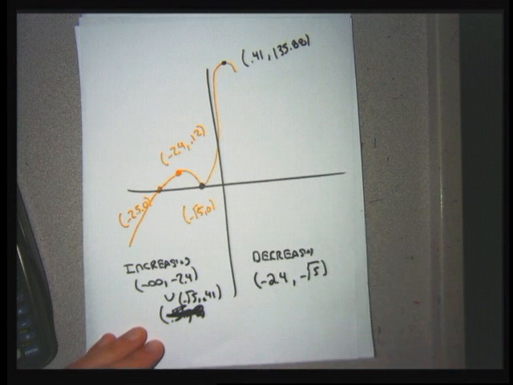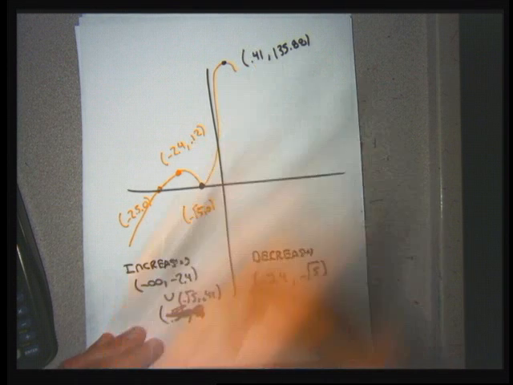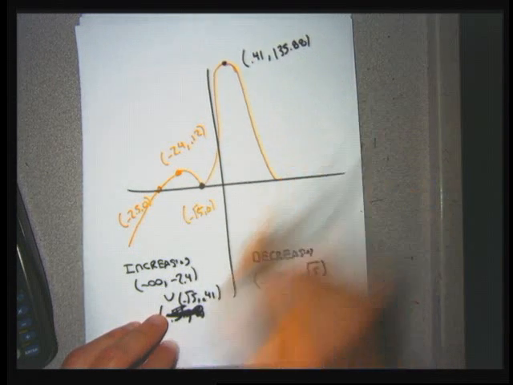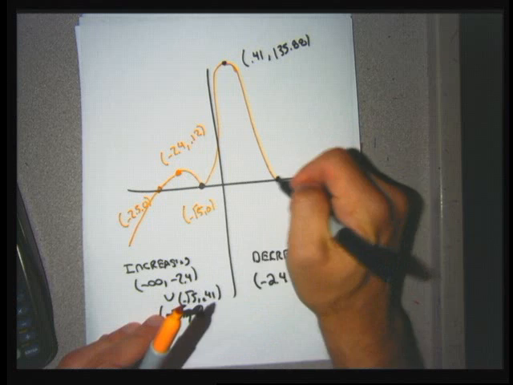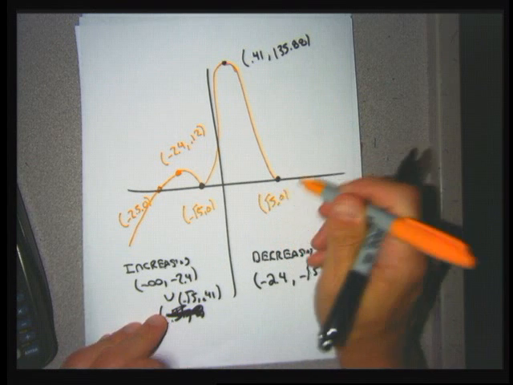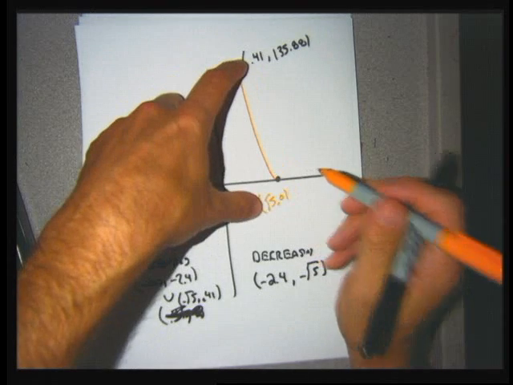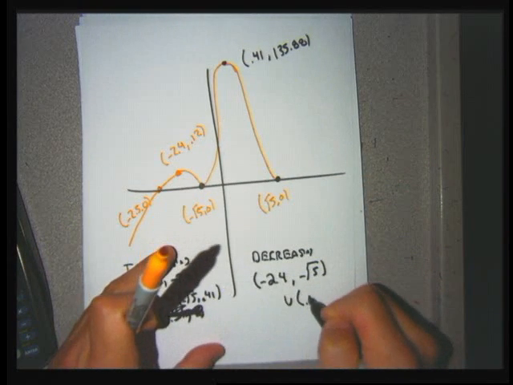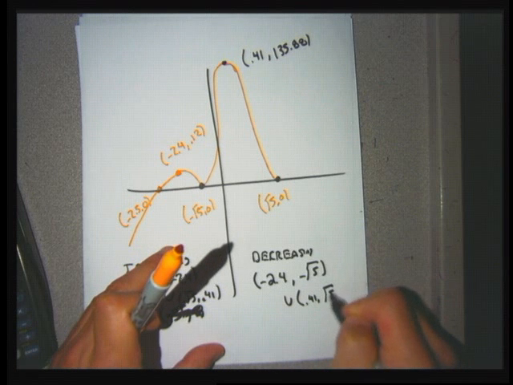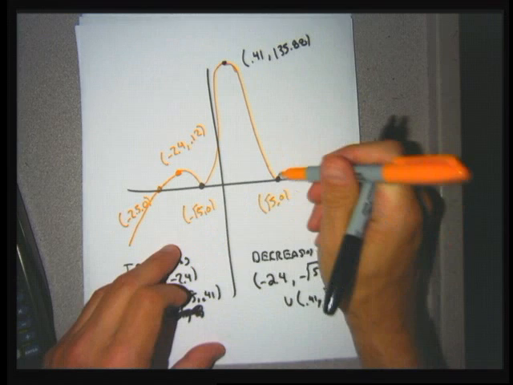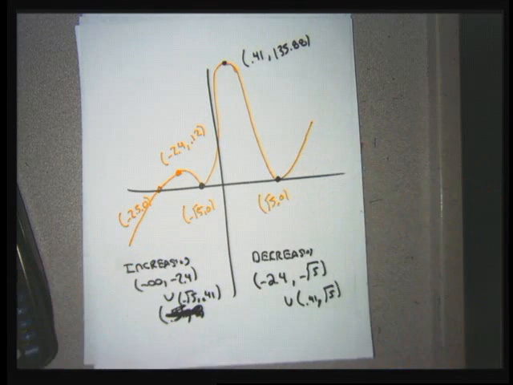Then the graph turns around and decreases to the x-intercept at square root of 5 comma 0. So for that region, from 0.41 to square root of 5, the graph is decreasing again. And then finally it turns around from the square root of 5 on forever, and it increases again.